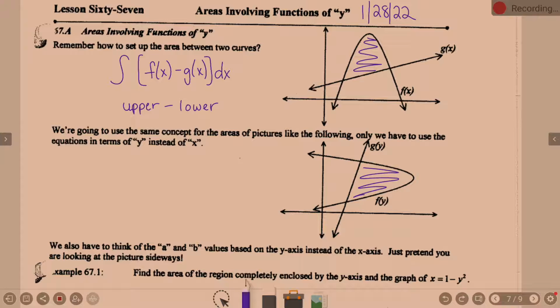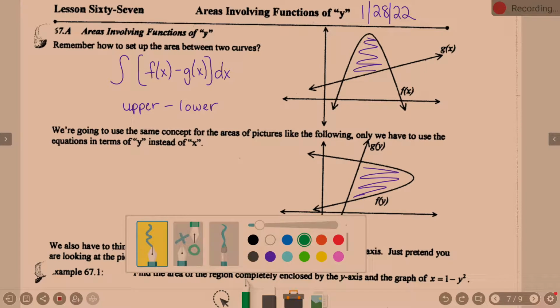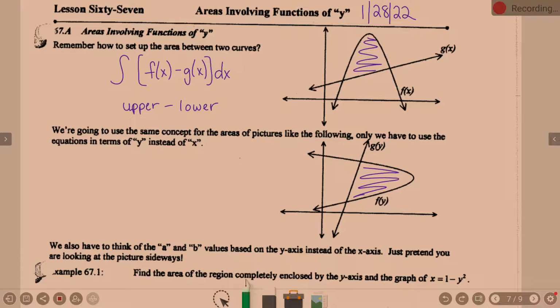Well, we'll get to that today. And I guess what I will say, the idea here is when we do the upper minus lower, remember how we start off doing rectangles? The integral is just an infinite number of rectangles added up together. When we're doing the upper minus lower, we're doing the rectangles that go from the upper curve to the lower curve.